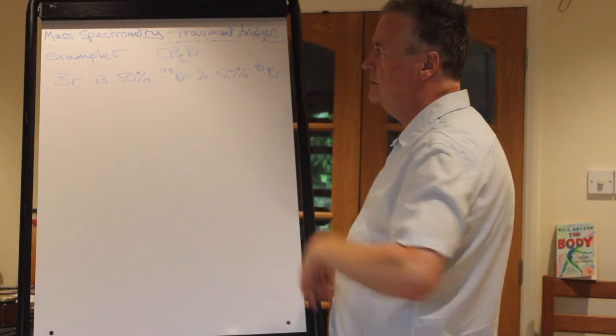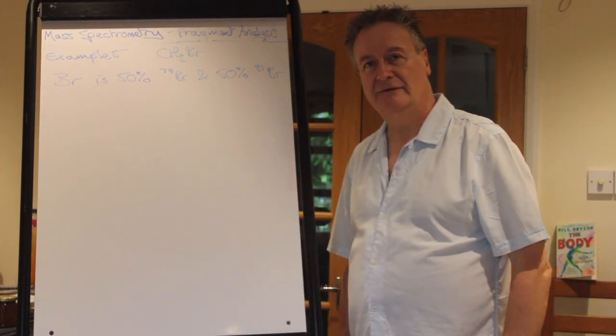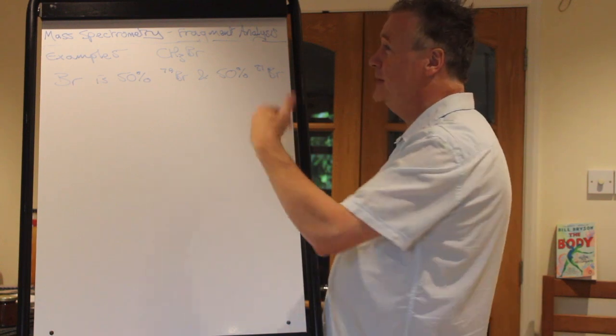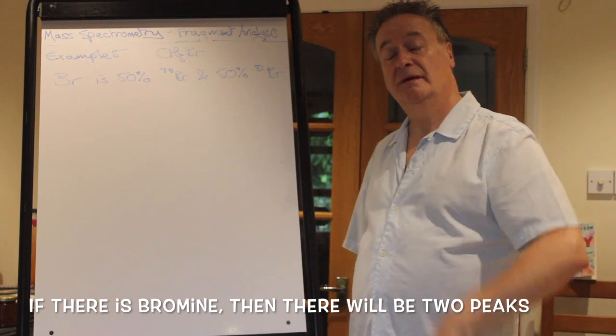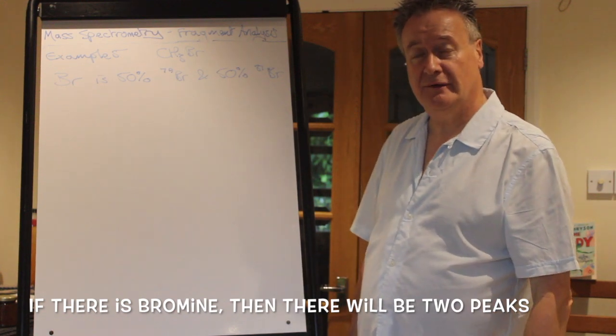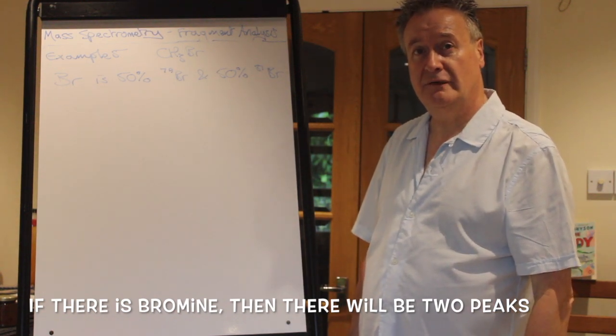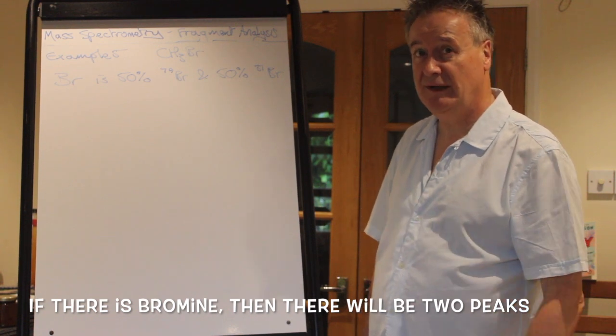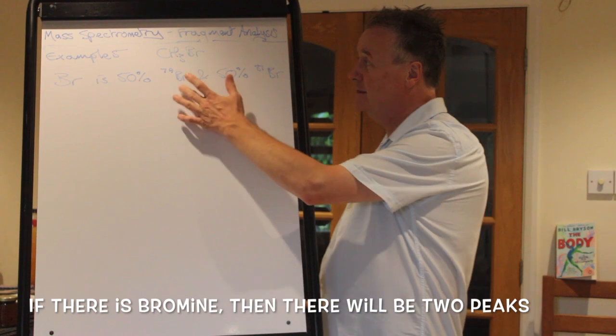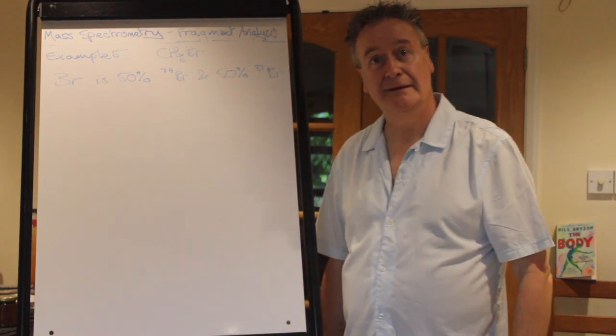So wherever bromine appears in your fragment, say something about the height of that fragment compared to the other fragment that comes with it, because the fragments come in pairs when there's bromine: one when there's 79, one when there's 81.